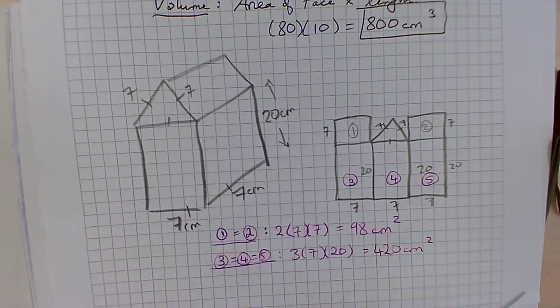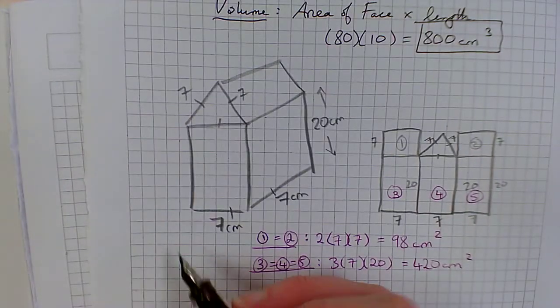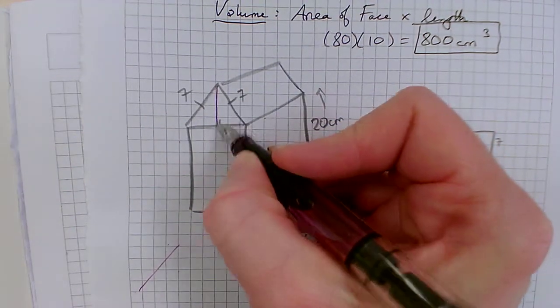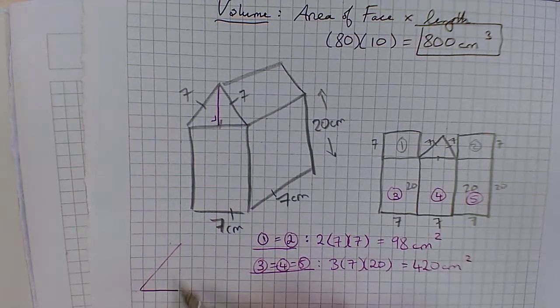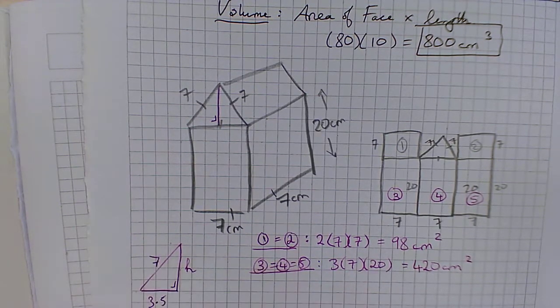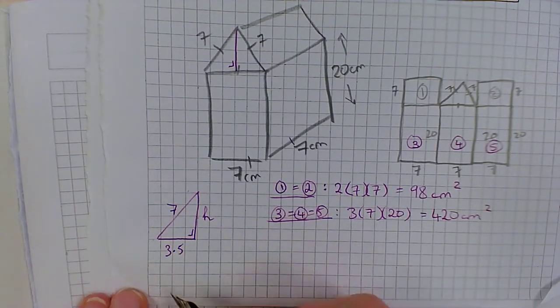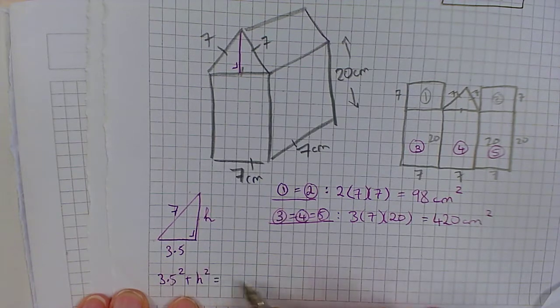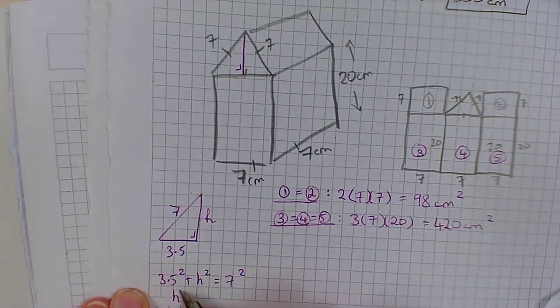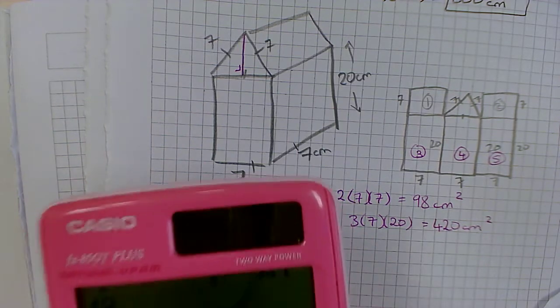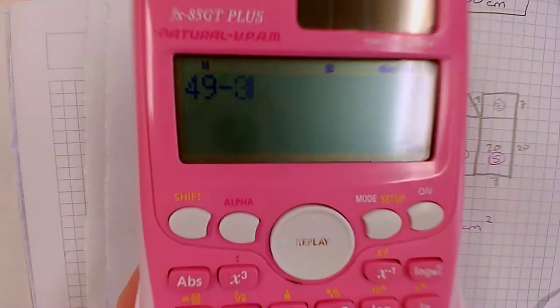And of course I have to work out my triangle separately, just like I've done before. So I'm going to divide it into 2 equal right-angled triangles and use that to find my perpendicular height. That's 3.5, that's 7. So 3.5 squared plus my perpendicular height squared will be 7 squared. My perpendicular height squared will be 49 minus 3.5 squared.